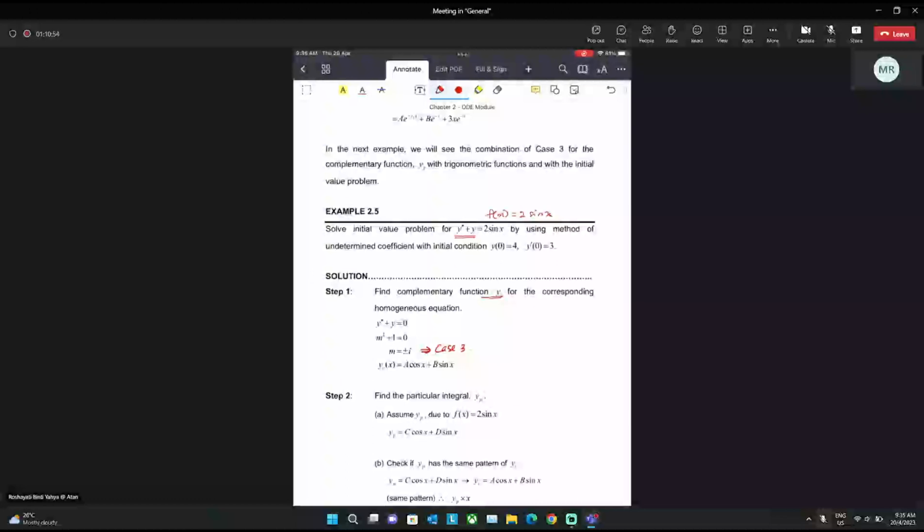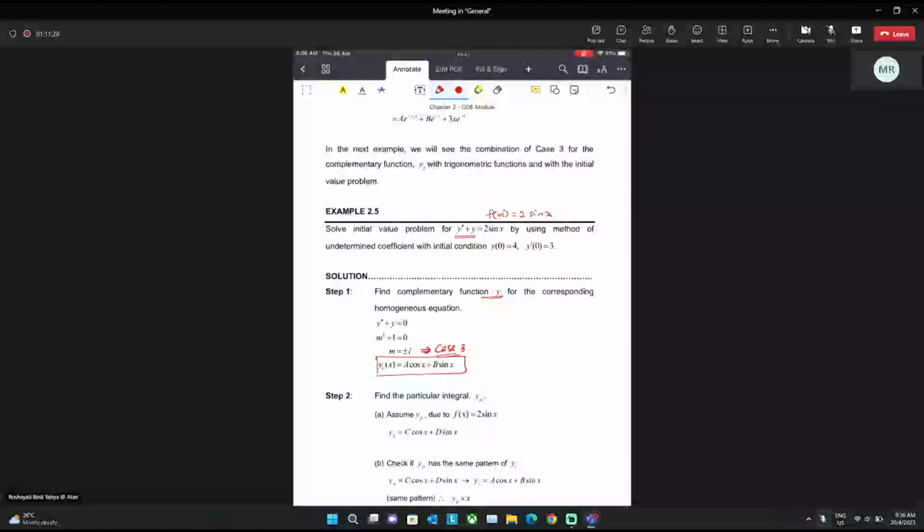The second one, if you get M1 equal to M2 equal to M, meaning that you get same root value, and then the third case if you get in form of real and imaginary, or we call it conjugate. So conjugate is case number 3. So YC equal to A cos x plus B sin x.